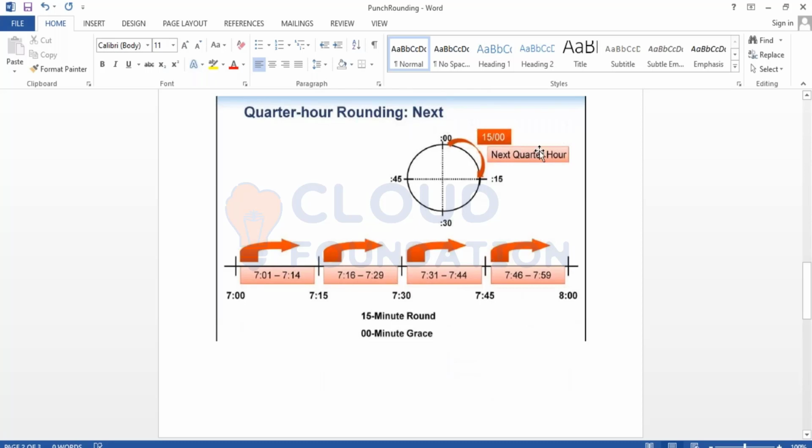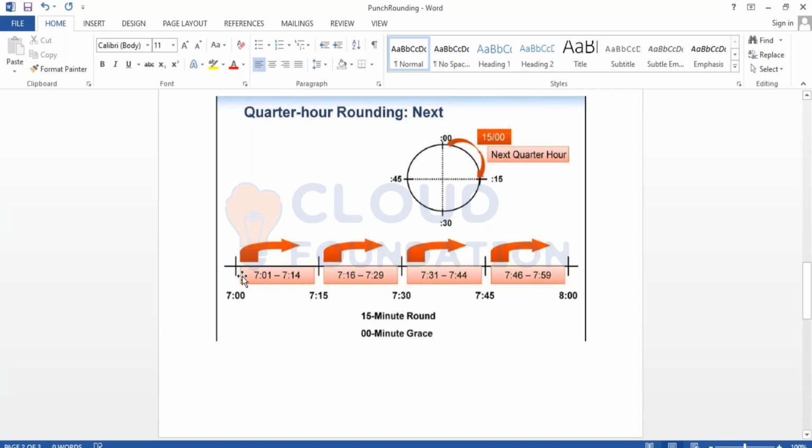So this is next. They're considering 1 hour here, 7 to 8. These are the increments, right? 7, 7:15, 7:30, 7:45, and 8. So I have four divisions, four increments. This is next quarter hour rounding. Here my round is 15 and my grace is 0.